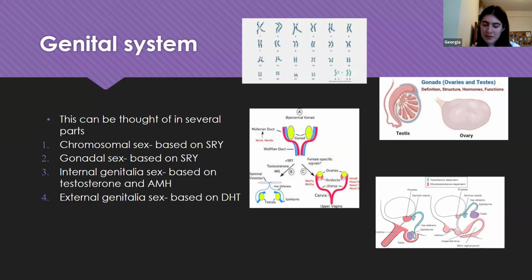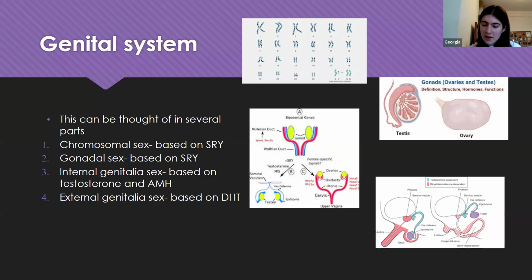And in the males, there are two key hormones that are important to ensuring this process. So testosterone acts to maintain the Wolffian duct, and anti-Müllerian hormone causes the Müllerian duct to degenerate. So the lack of expression of those two hormones in females is why you get female internal genitalia.